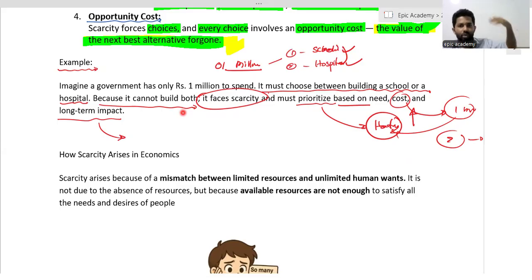The choice between those two options can be made because of priority, needs, cost, or any long-term effect. We cannot say anything certain about that, but a decision can be made according to the situation.